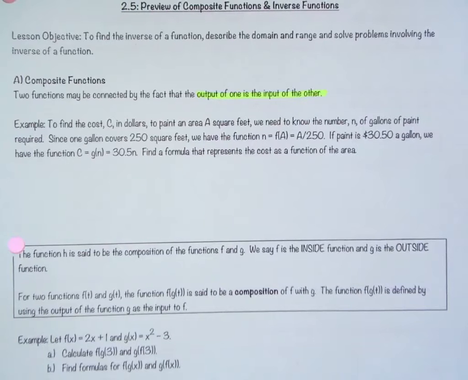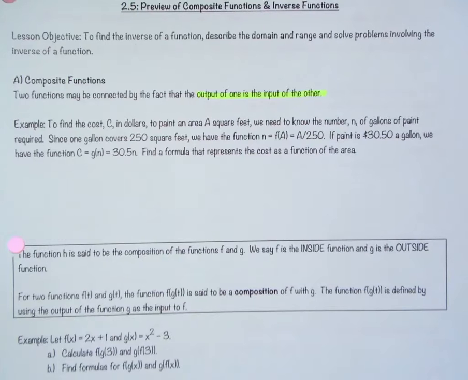So, if we think about what this means, if I want to know the total cost, I need to know how many gallons of paint that I need. And in order to know how many gallons of paint I need, I need to know how much I'm painting. So there are kind of 2 things involved in finding that total cost. Okay?